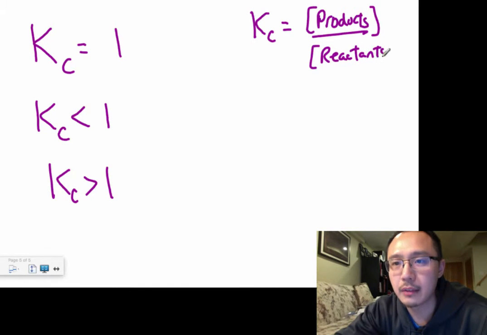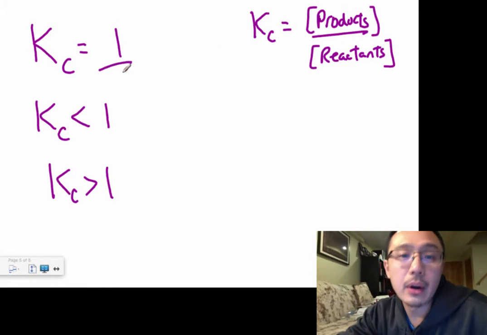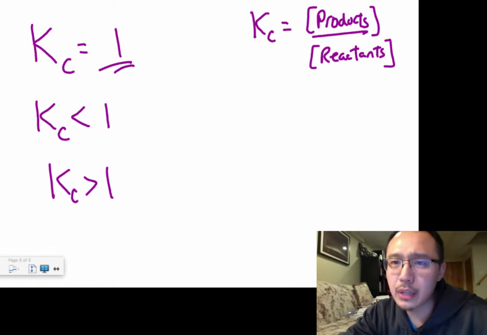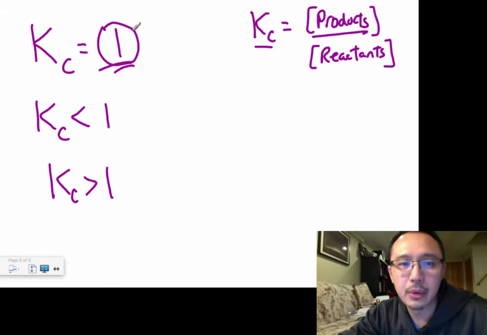So you have to ask yourself, what do you have to do in this equation to get Kc to equal 1? In order to get 1, the products must equal the reactants, so the products are exactly the same concentration as the reactants.